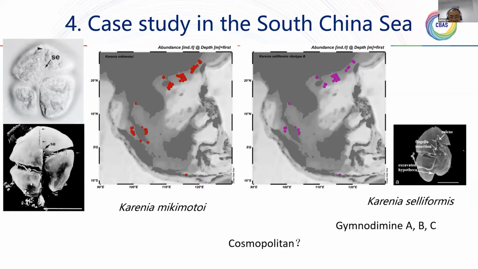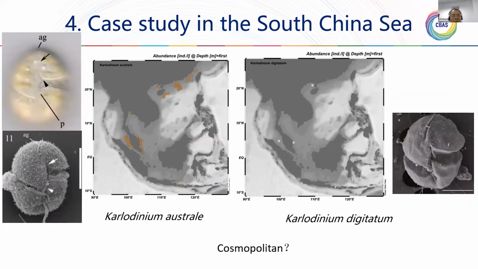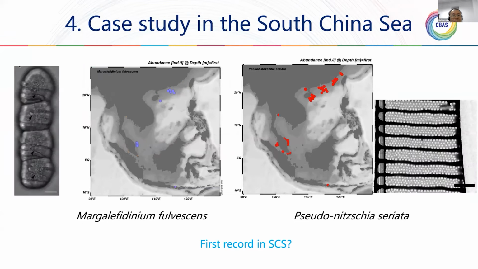Here is a finding of Cochlodinium mikimotoi and Cochlodinium australe. And here are another two fish-killing species. And here is the first record of Margalefidinium fulvescens. We also detected a toxic Pseudo-nitzschia species.